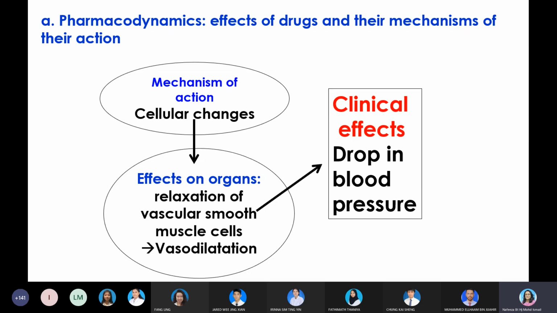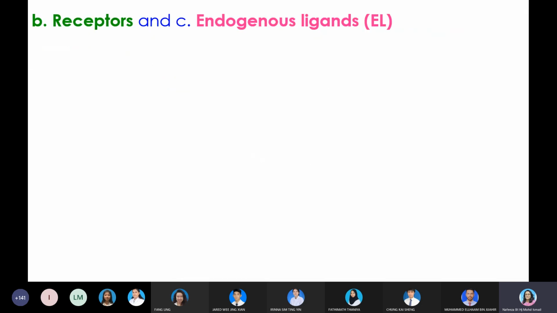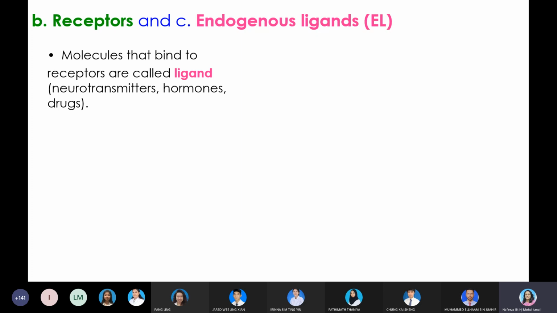The organs here are the vascular smooth muscles, or the vascular system in the patient that you're treating, and you record his blood pressure. It was very high at one time, and now it's back to normal, or at least there's a decrease. What are receptors and endogenous ligands?